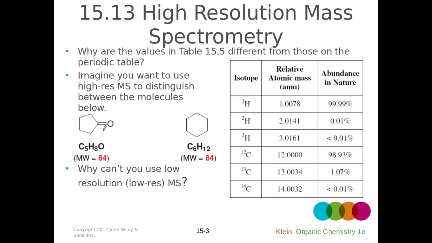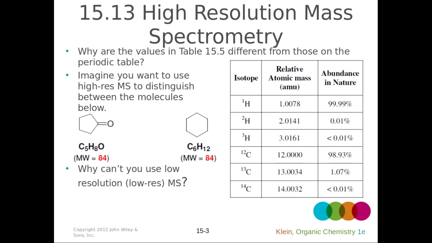So, for example, this instrument can help us determine the difference between these two, C5H8O and C6H12, which both have 84 AMUs. The information is not in the book, so I'm going to look it up real quick in my little table. 84 AMUs.